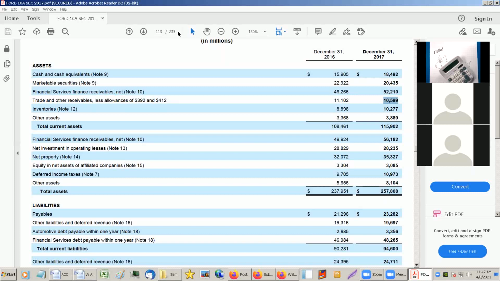I don't know if it's funny or not, but the interesting thing about accounting is that no matter how big and complex the companies are, Ford, huge company, complex, financing, production, market, all these different areas, everything can basically be put into 5 basic categories: revenues, expenses, assets, liabilities, and equity.